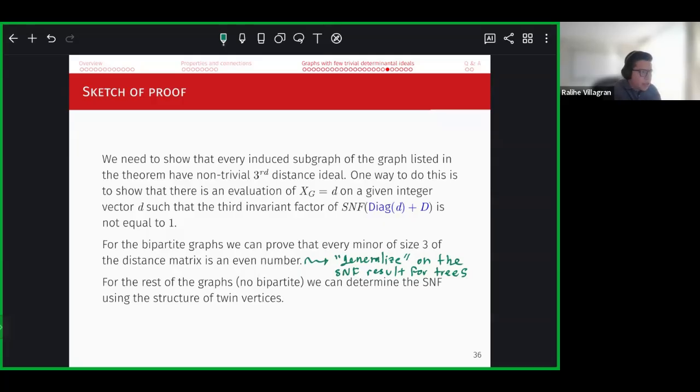So it's not just about trees, but in a way it's for bipartite graphs. There's still work to be done to specify this generalization.